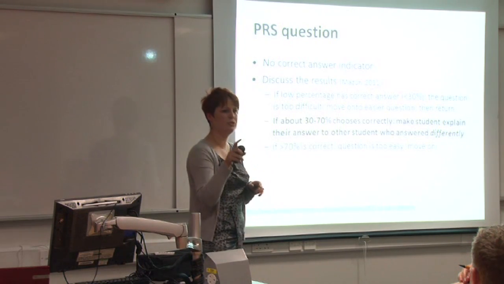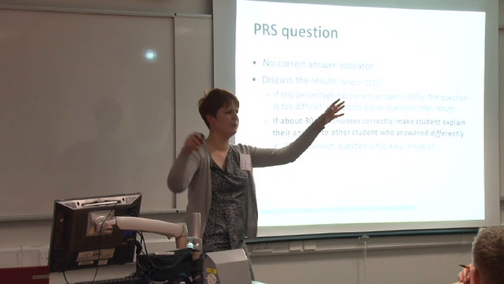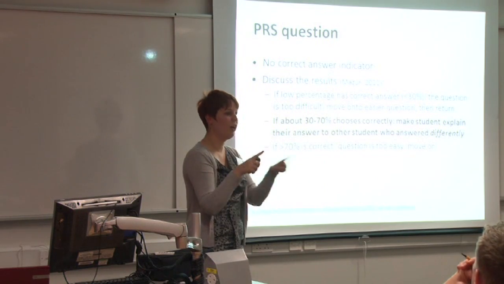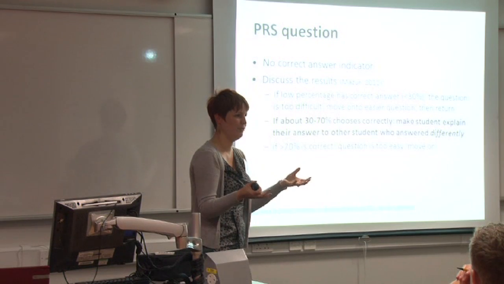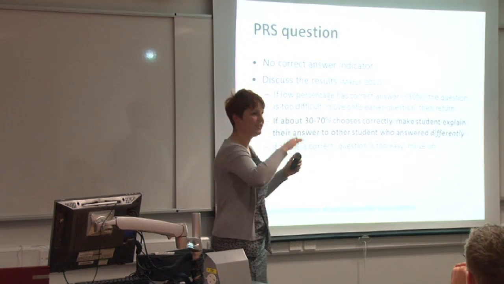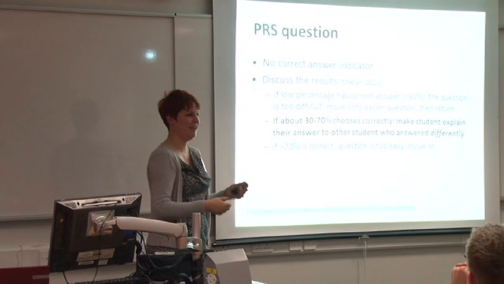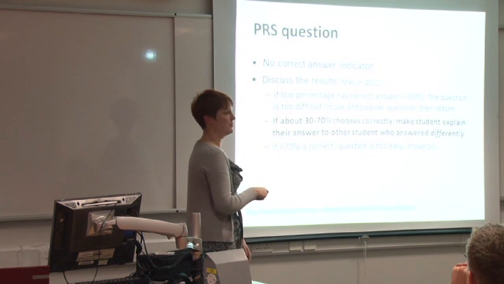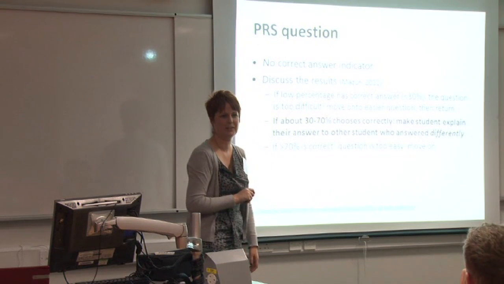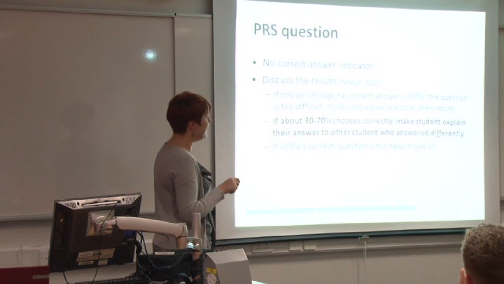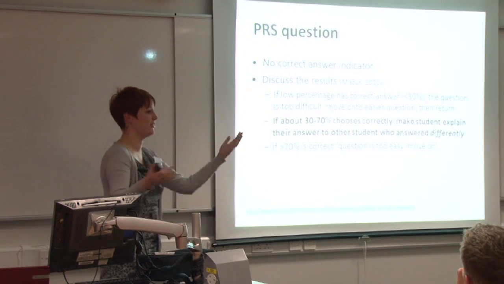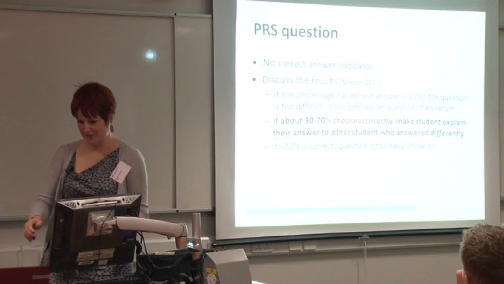He tells the students to find somebody in their neighborhood that has a different answer, and then explain to each other, make a case for why you think that this answer is correct. Then he does the same question again and sees if suddenly more than 70% are convinced that maybe answer 1 or answer 2 was correct. This is a very interesting way, and I haven't used it like this, but I'm very keen on using that next year. So maybe next year we can do another presentation about that.